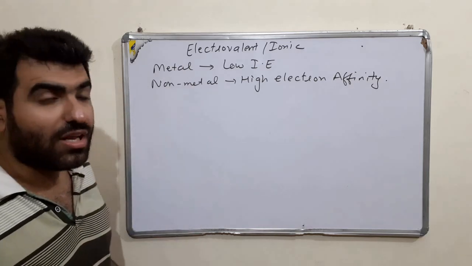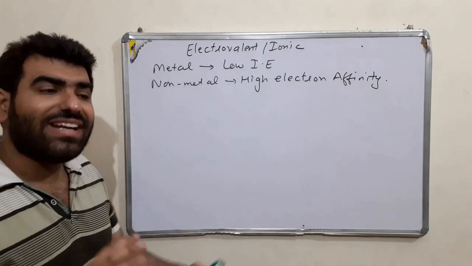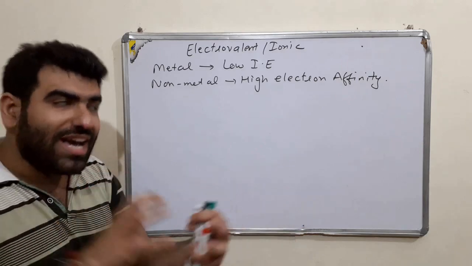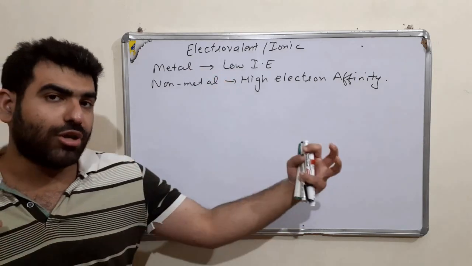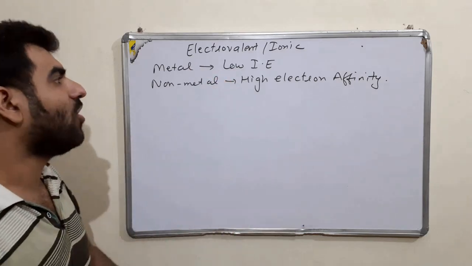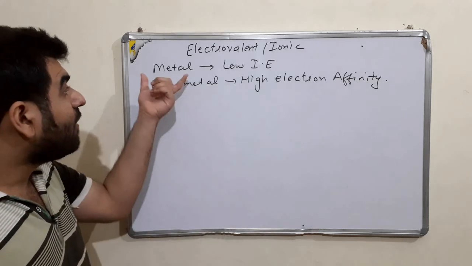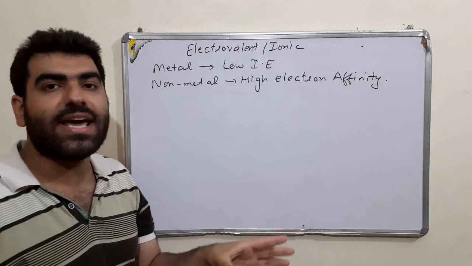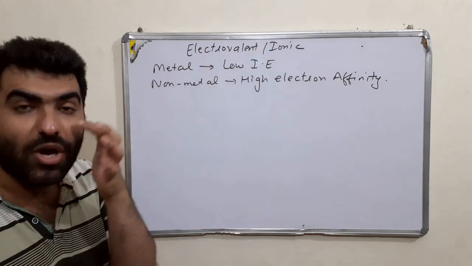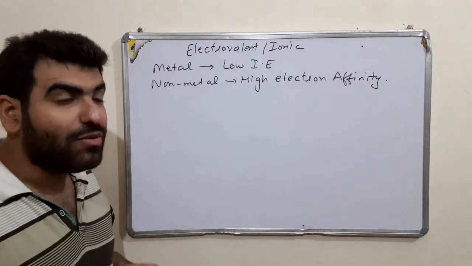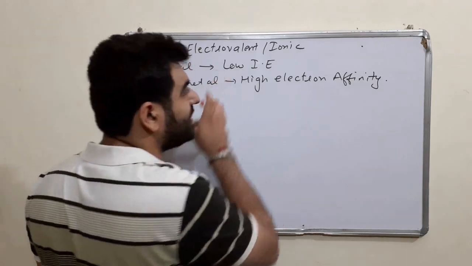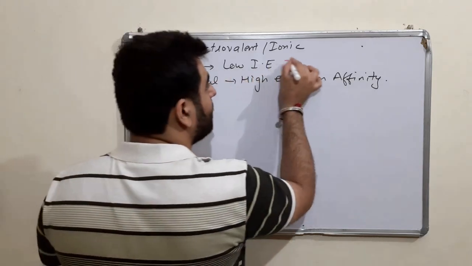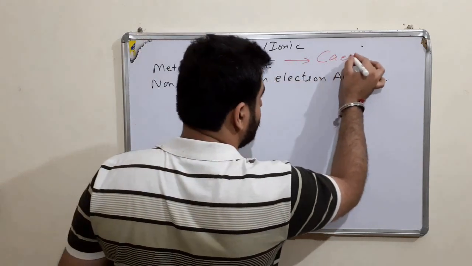Alright, this was the condition. In order to create the strongest electrovalent bond, what do we need? We need a metal which has the lowest ionization energy of the entire periodic table, and that was cesium.